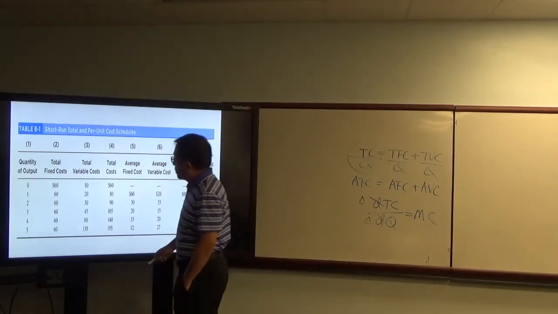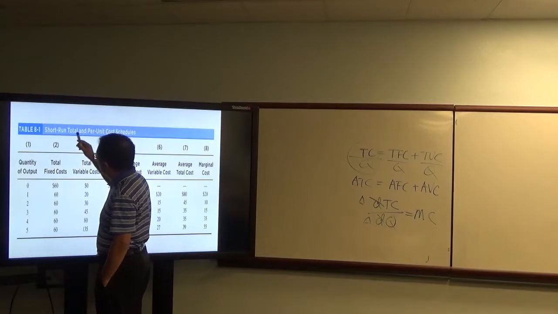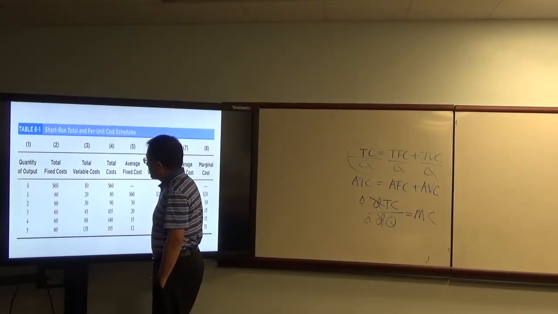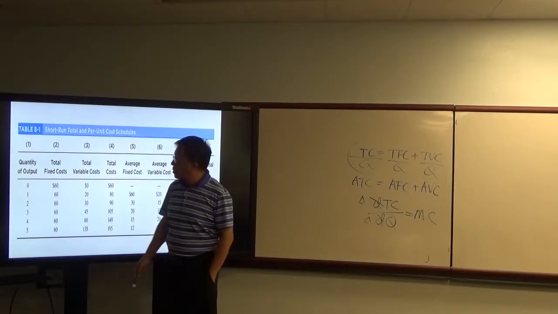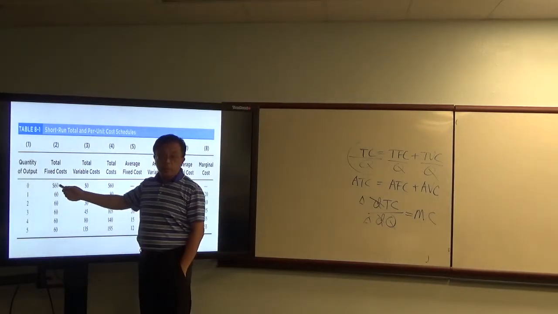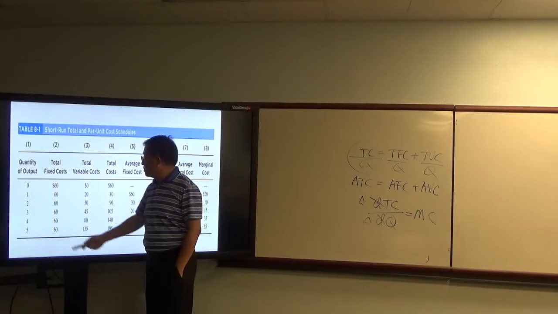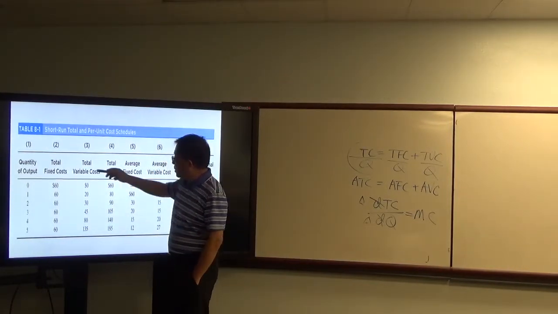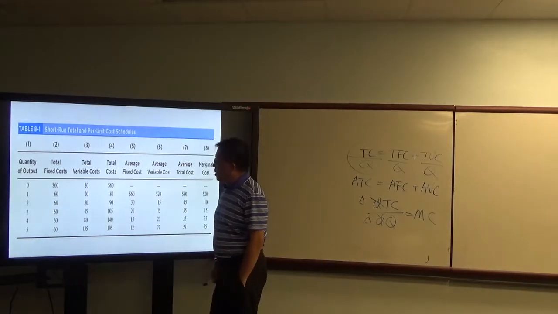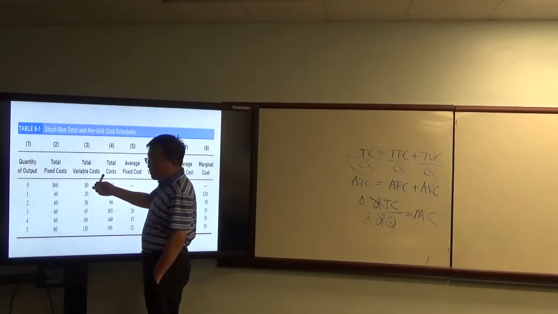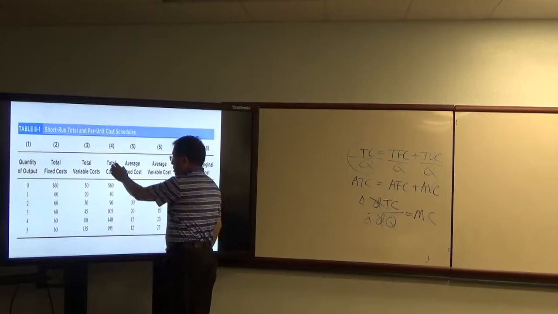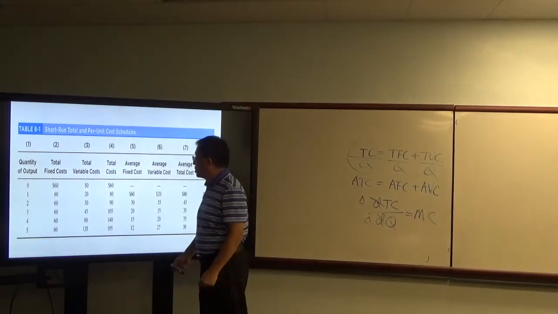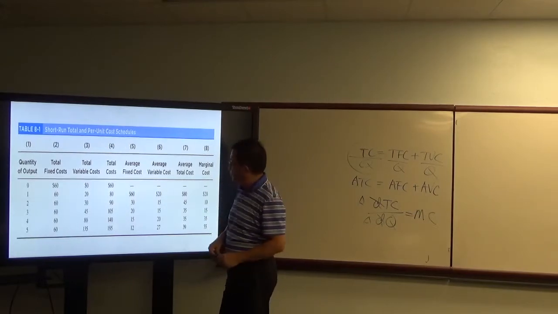And I have a table here. Basically, the first column is the output level, and the second column is the total fixed cost. You can see the total fixed cost is fixed at 60. And I also have the variable cost. Those are given numbers. Given the total fixed cost and the total variable cost, we can add them together to get column 4, the total cost.